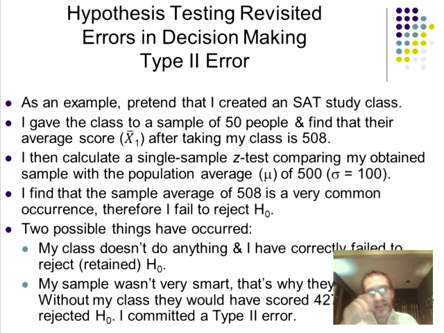And so going back to the SAT again. Again, we're going to pretend it has an average of 500 with a sigma of 100. And so what happens, okay? I gave this class to a sample of 50 people and find that their average score is 508. Now, clearly, if the population average is 500 and my sample mean is 508, I don't know what the z test would come up with, like 0.8.